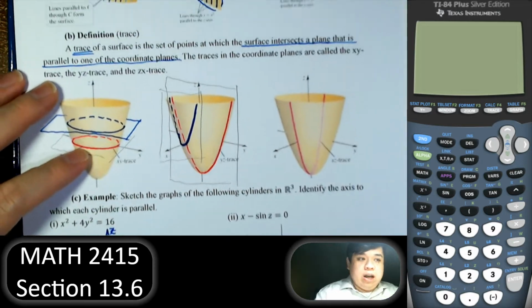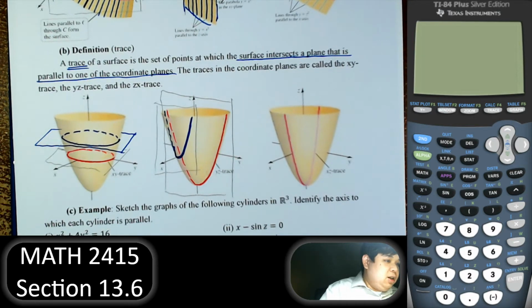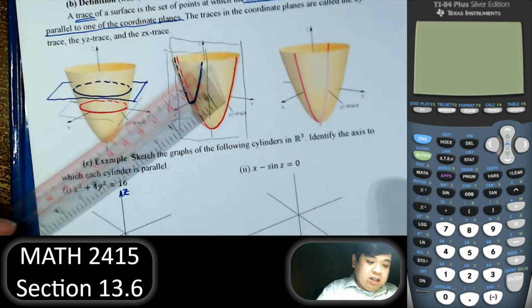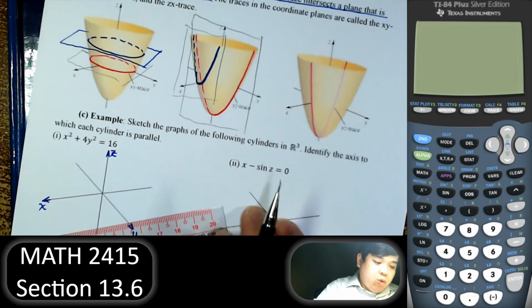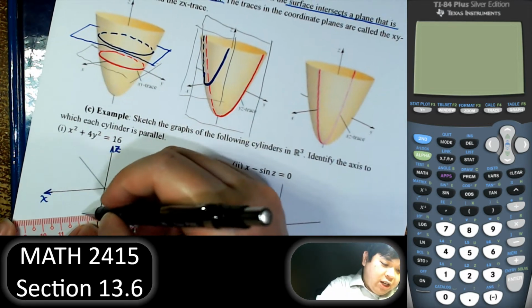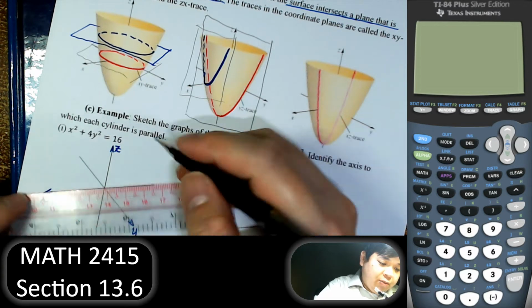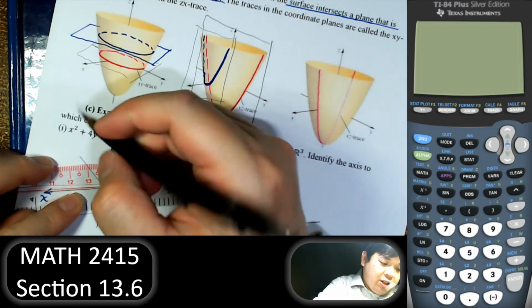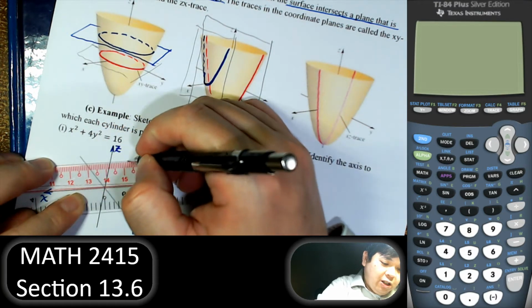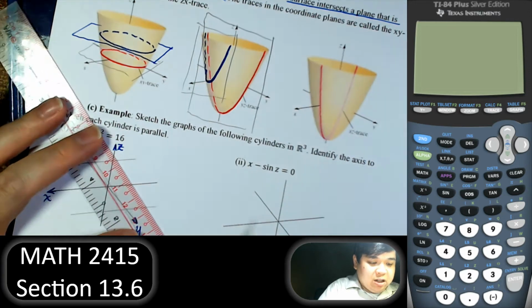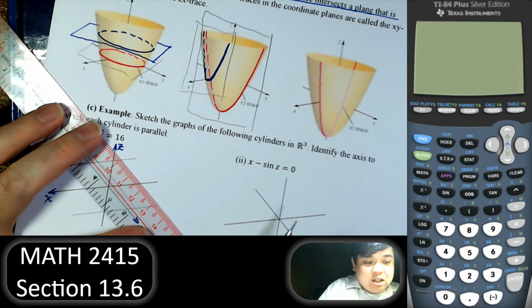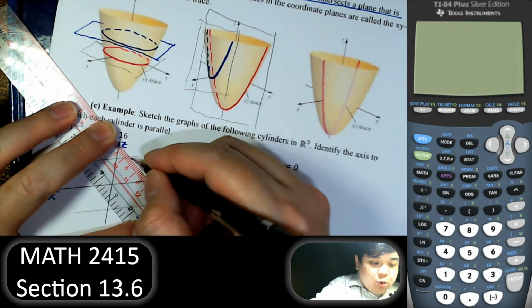Now we just look at the xy trace. Usually if we draw the xy trace, I will draw a line parallel to the x-axis on both sides, and then parallel to the y-axis on both sides. In this case, this makes it easier to know what trace we're talking about.